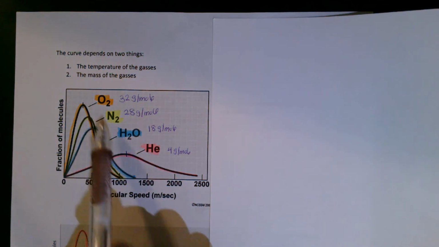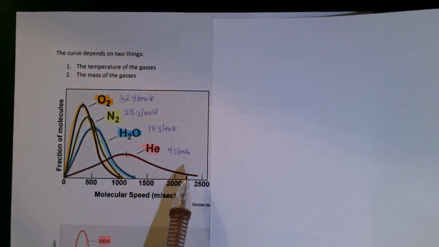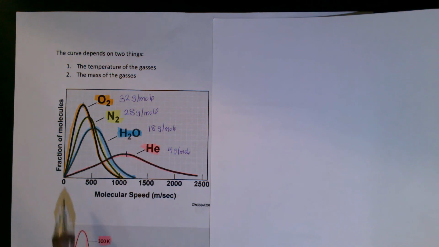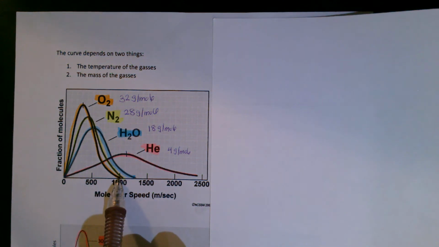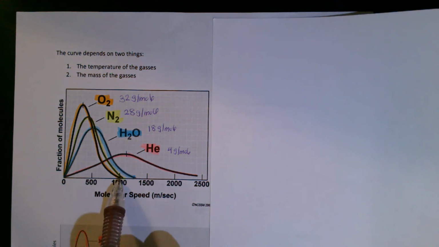Not only do I notice that, but if you look at the shape of the curve, helium has a much, much larger tail. That means helium has far more speeds available to its particles as well. Oxygen goes from about 0 to 1,000 meters per second. For nitrogen, it tails off a little bit further, maybe 1,000 to 1,100.